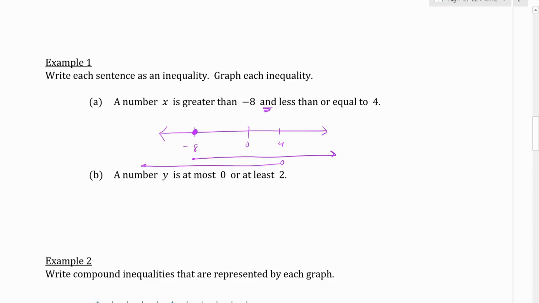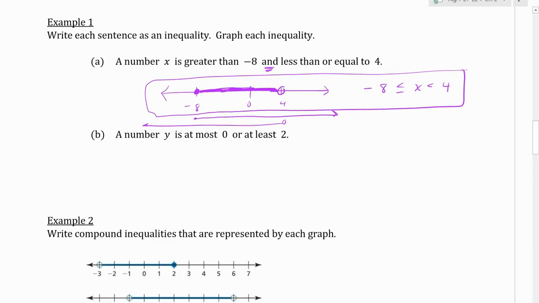Well, that's from here to there, not including the left end, but including the right end. And the way we'd write that, negative 8, here's all the numbers I'm talking about, 4, put less thans, include the 4. That's the answer.